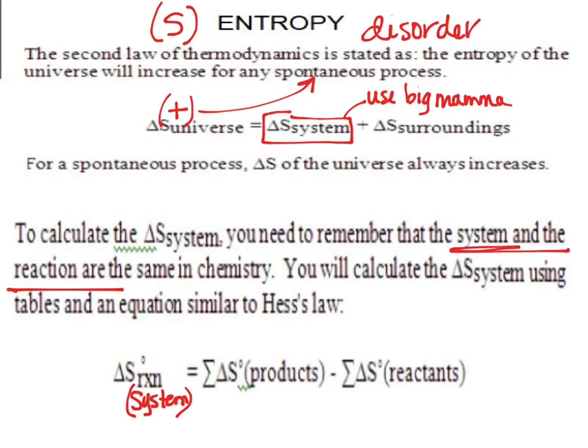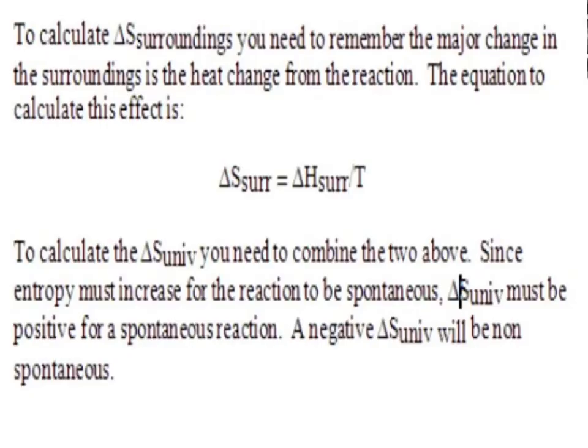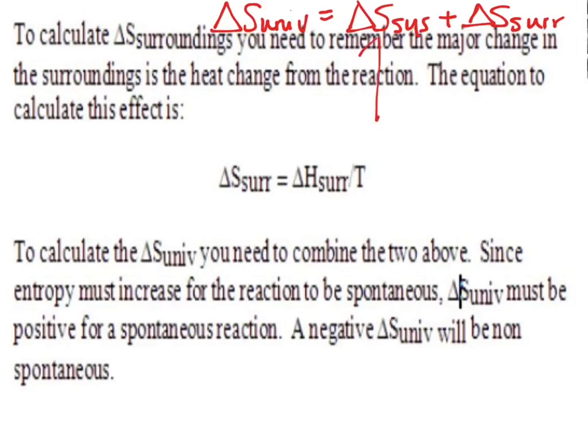The next thing we're going to talk about is the surroundings. Remember that last equation: the entropy of the universe is equal to the delta S of the system plus the delta S of the surroundings. To find the S of the system, you use Big Mama.